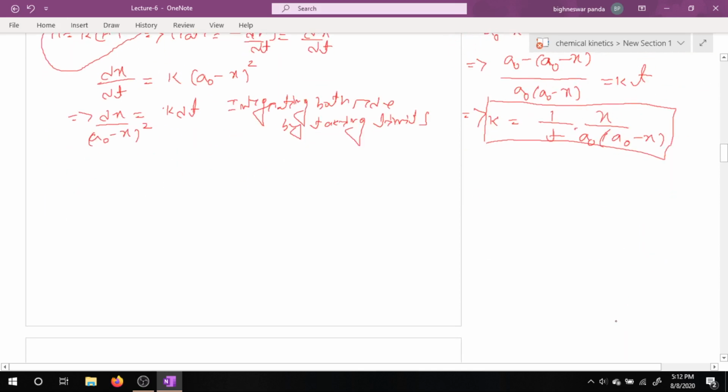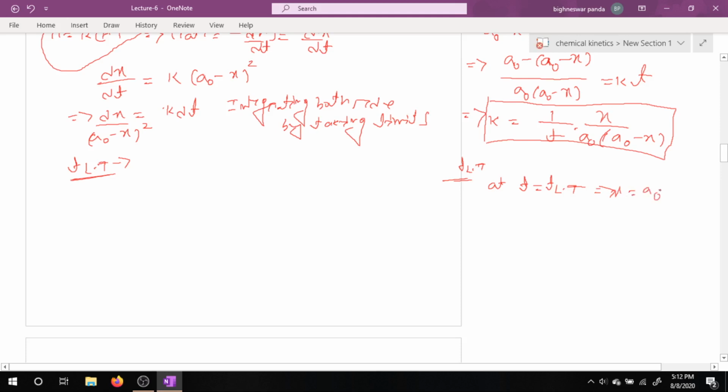Now come to the lifetime of a second order reaction. It is t life time. Here consider at t is equal to t life time. Life time means the time required to complete 100% of the reaction, so x is equal to a naught.